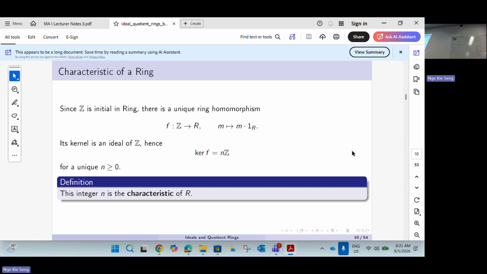Then the kernel is an ideal of Z. For unique n, the integer n is the characteristic of R.